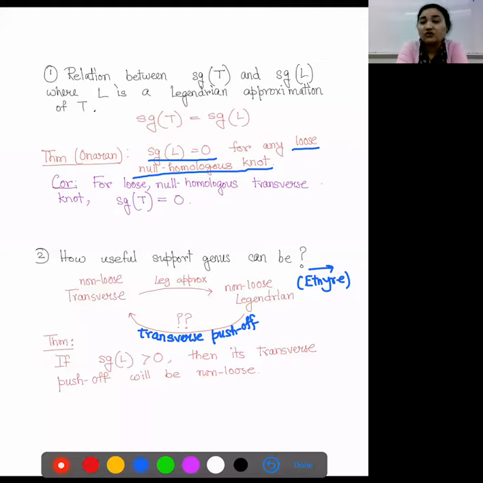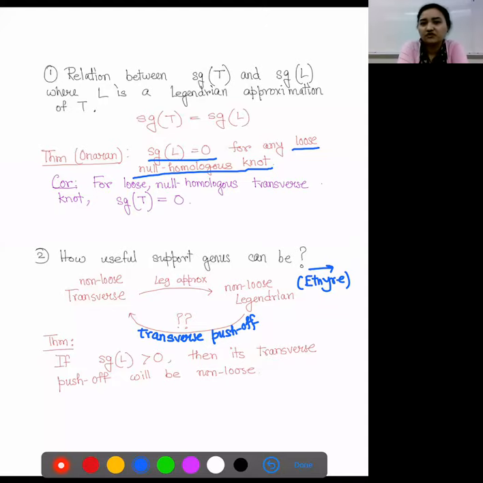As I mentioned, the non-loose unknot lives in S^3 with Z = -1, a result by Eliashberg-Fraser. But they also proved that there exists no non-loose transverse unknot there. So if we take this non-loose Legendrian unknot and we apply transverse push-up, we will get a transverse unknot, but it has to be loose. So that's why sometimes this transverse push-up will give us a loose knot, and sometimes it can be non-loose.